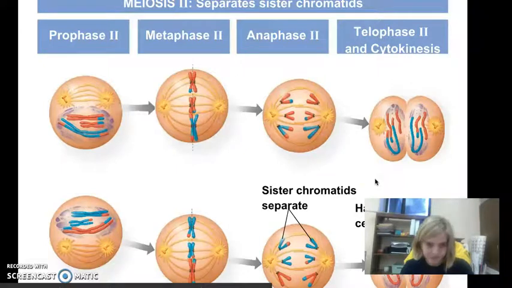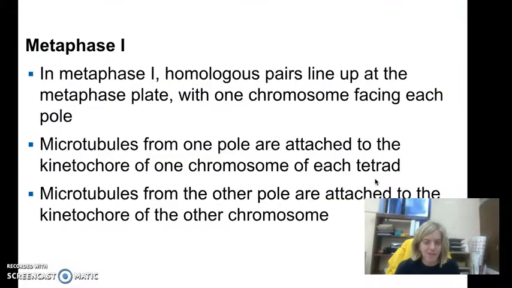In metaphase 1, the homologous pairs line up and separate, just as the microtubules are attached to the kinetochore and extend and attach to the chromosomes, so they do in meiosis 1 as well.